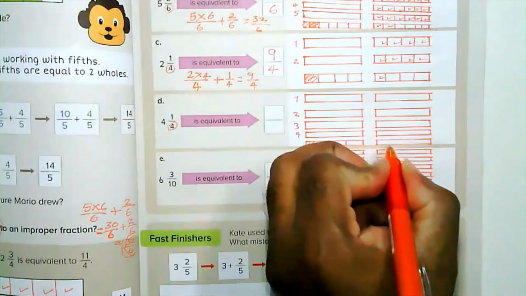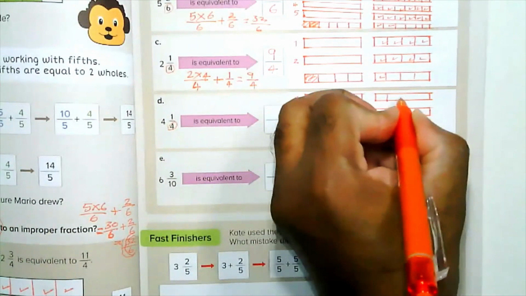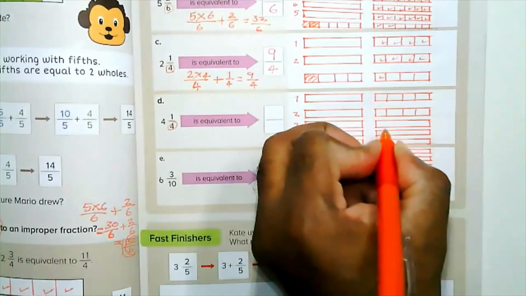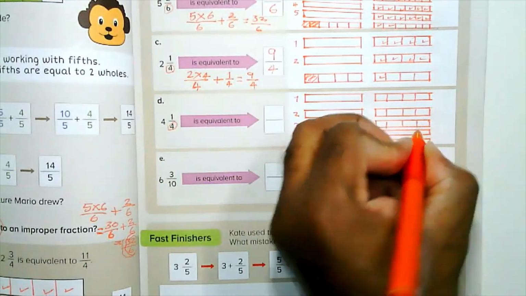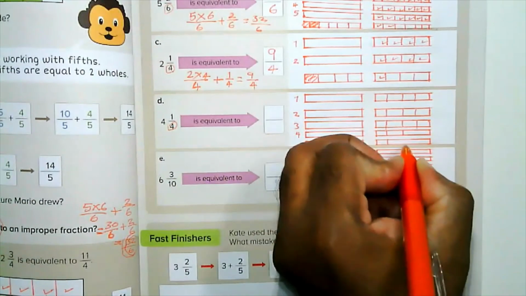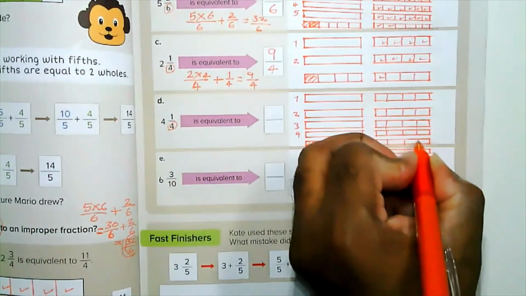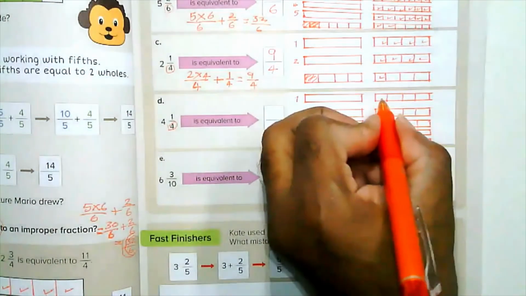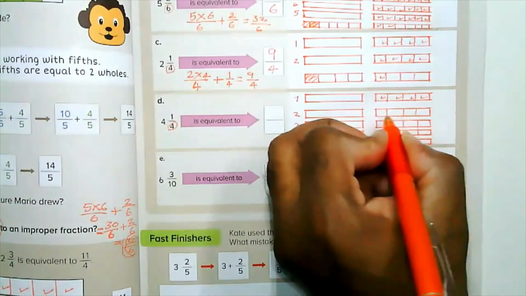We split everything into fourths. We shade the last one, the 1/4, and shade the whole numbers.